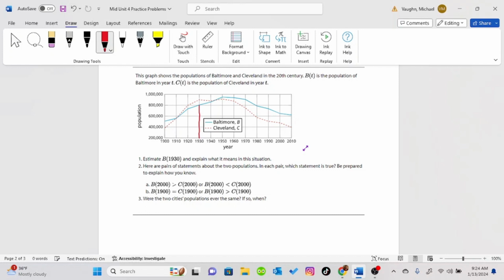Once we hit the solid line, we look to the left and we see what the y value is. And the y value is approximately 800,000. So this would mean the population in Baltimore was approximately 800,000 in 1930.